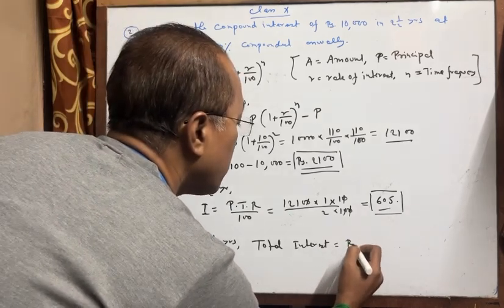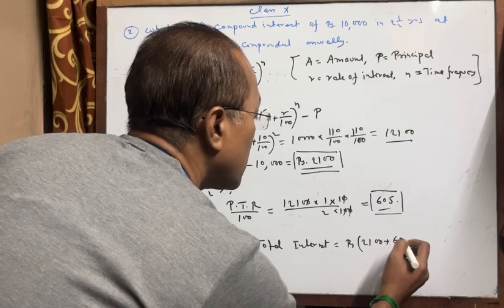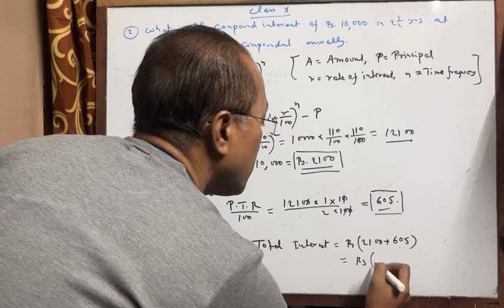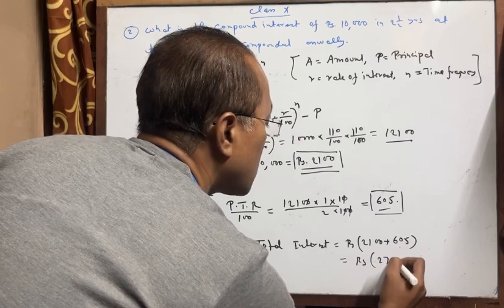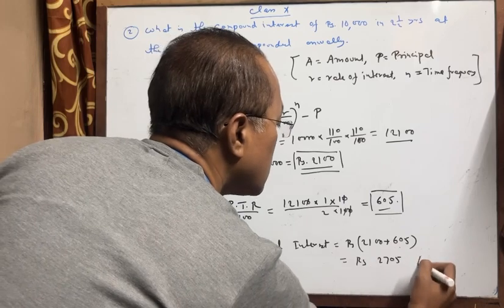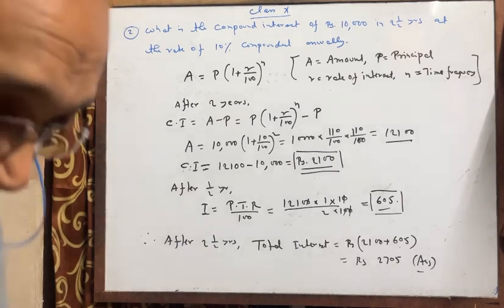So it will be rupees 2100 plus 605, that is rupees 2705.